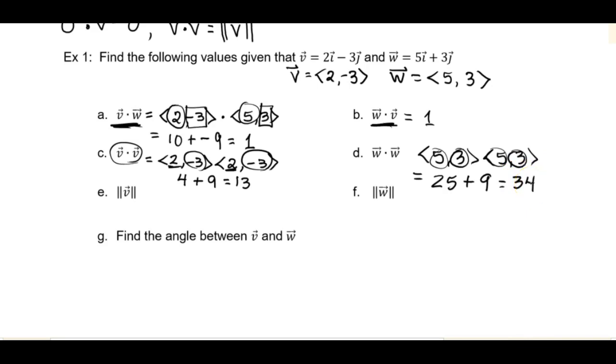Now, because we know that w dot w is equal to the magnitude of w squared, I take the square root of both sides. I'm going to find that the magnitude of w is the square root of 34. And similarly, we could do that for the magnitude of v by finding that to be the square root of 13.